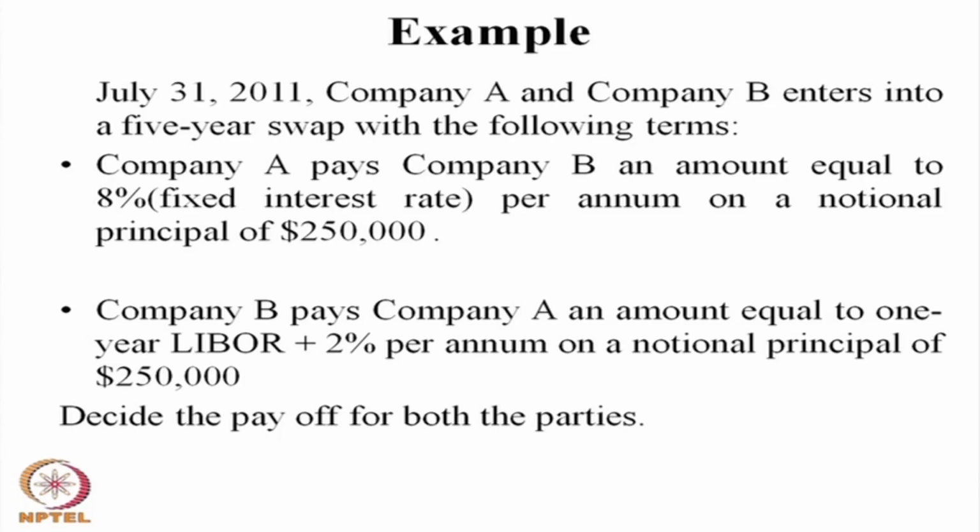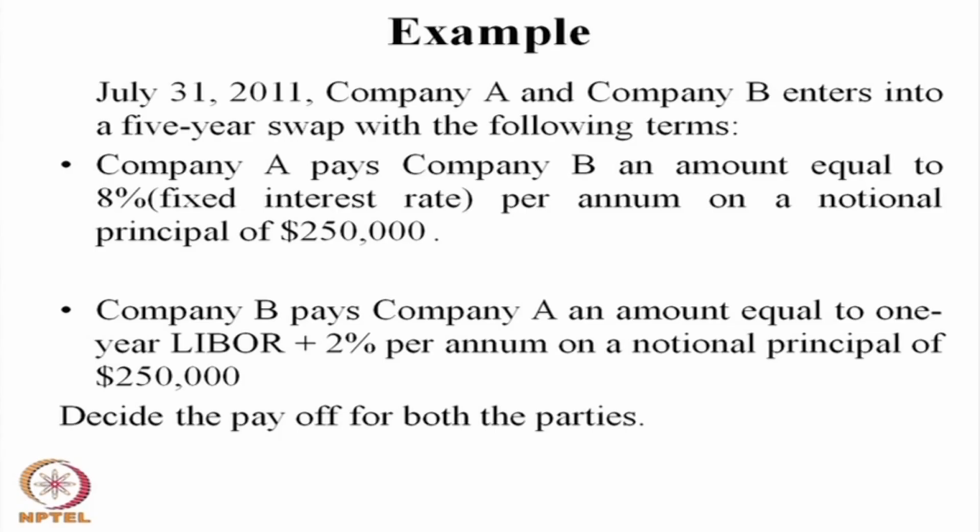Company A pays company B an amount equal to 8%, a fixed interest rate per annum, on a notional principal of 2,50,000. Company B pays company A an amount equal to 1 year LIBOR plus 2% per annum on a notional principal of 2,50,000.